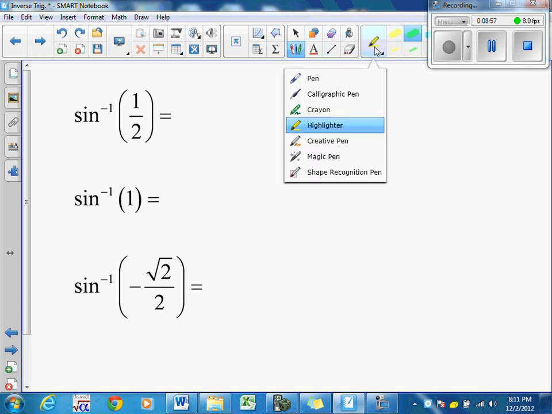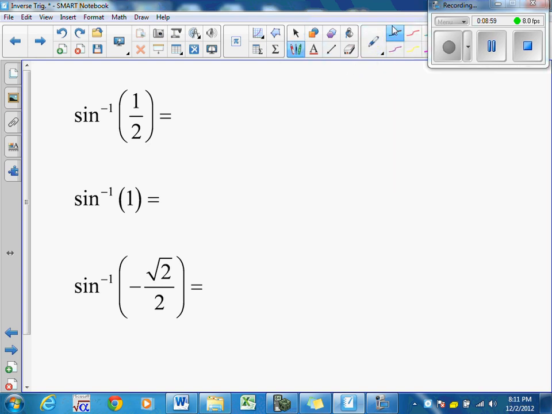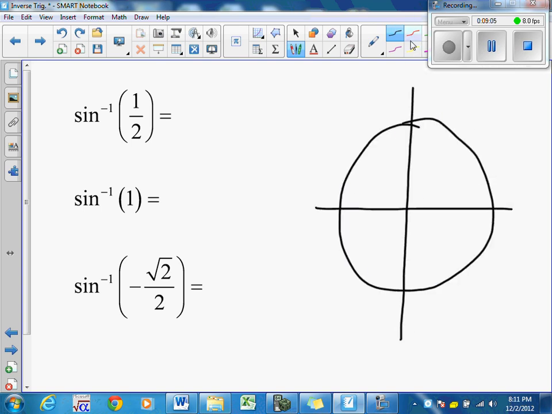Inverse sine of 1/2. Now, inverse sine, I think, once again, drawing pictures helps a lot here. I kind of think of this like Jeopardy, where you're given the answer, 1/2. They're saying the y-coordinate is 1/2. What's the angle?